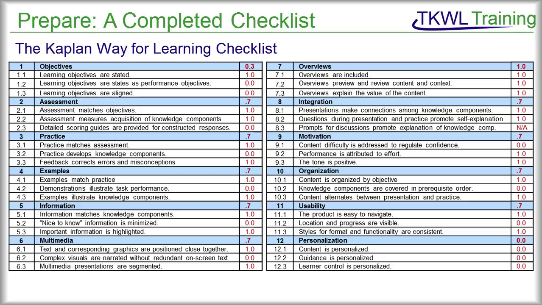Can you see one or two areas that this product will be encouraged to do better in? I'm sure you can. You can bet, at the very least, its personalization elements, category 12 in the bottom right, never mind what that means for the moment, that will get some close consideration, and so will category 1 objectives in the upper left, which we're going to see a lot more of soon.